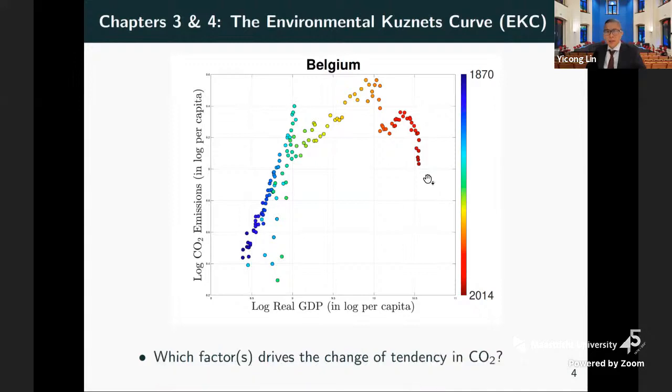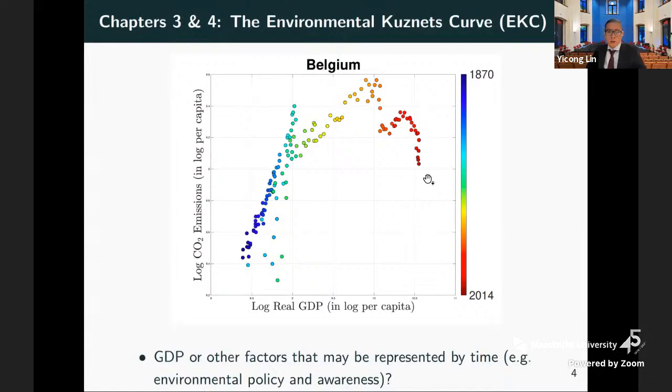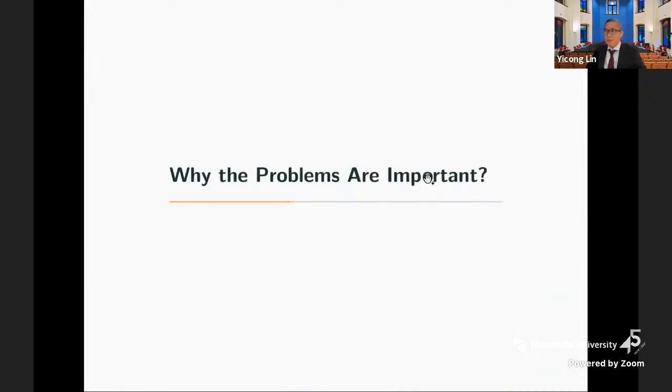Which factor drives the change of carbon dioxide emission? The GDP, or some factors that might be represented by time, for instance, environmental awareness or environmental control policy. So far, I have introduced my research questions.